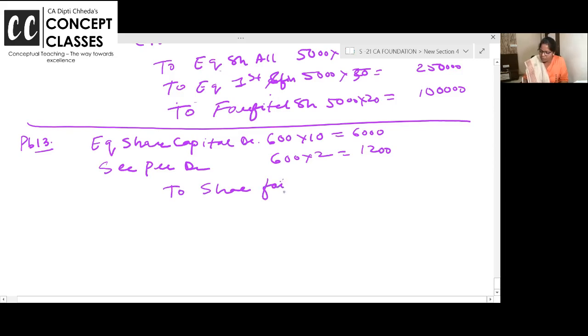Share forfeited account. What is received? एक बार फिर से देखो, अलॉटमेंट और फाइनल कॉल तो नहीं आया, only 2 rupees application has come, तो वही forfeit कर लो.